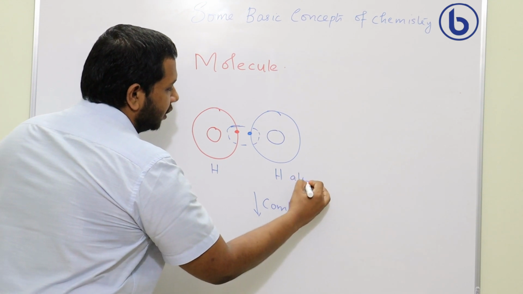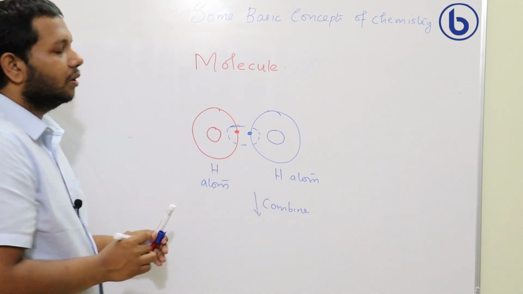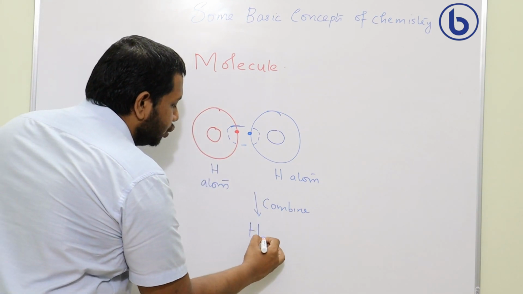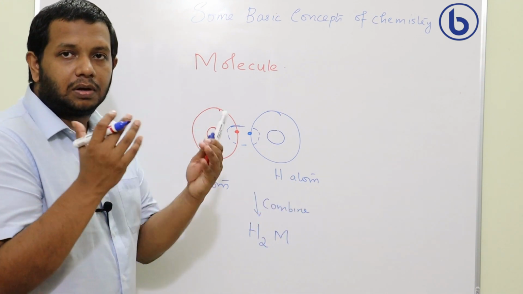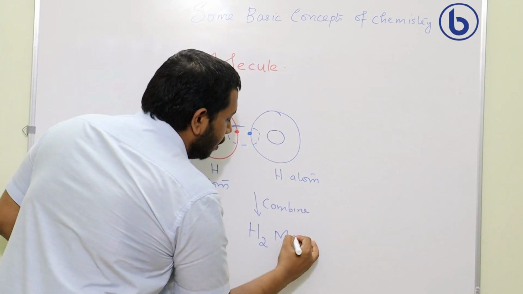So this is a hydrogen atom and this is also a hydrogen atom. They will combine together to form H2, atoms combining to form a new term that is called a molecule.